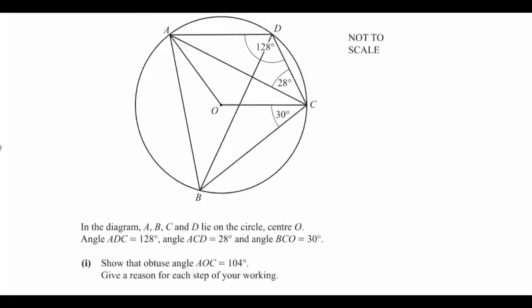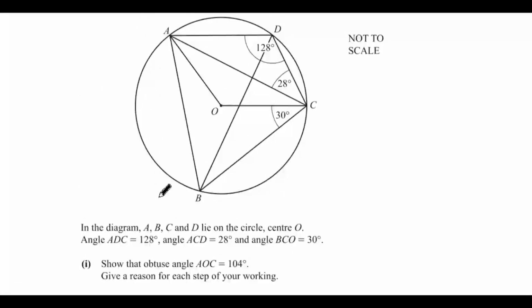So we want to show that angle AOC, that is the obtuse angle AOC, is equal to 104 degrees. So we need to mark the angle. So this is the obtuse AOC, this angle.